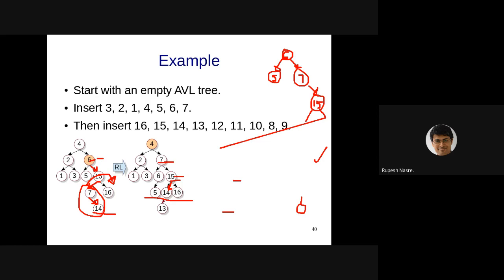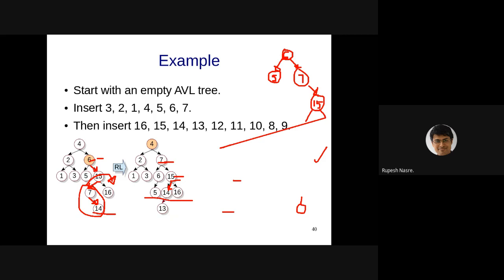Any other concerns, questions? Sarma says, isn't rotation a constant time operation? Good. You guys tell me whether it is constant time or log n. Since we are doing only pointer updates, it turns out to be a constant time operation.